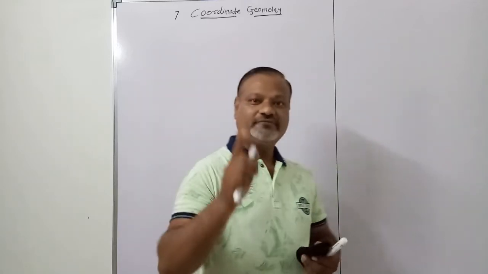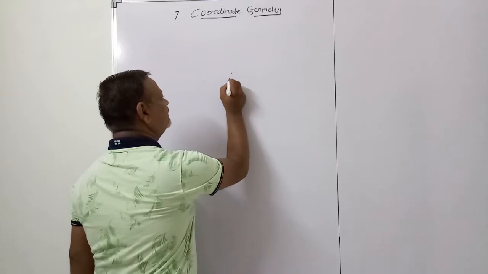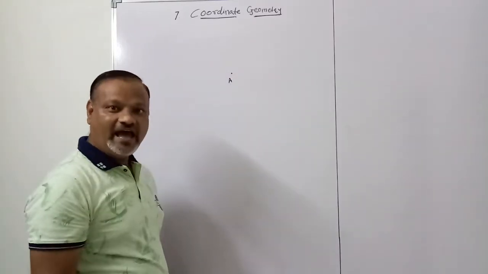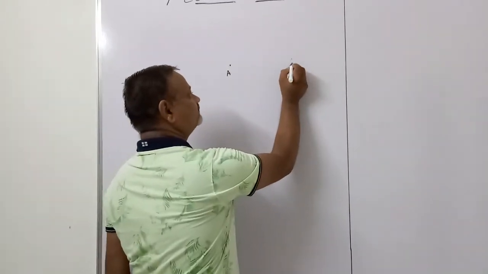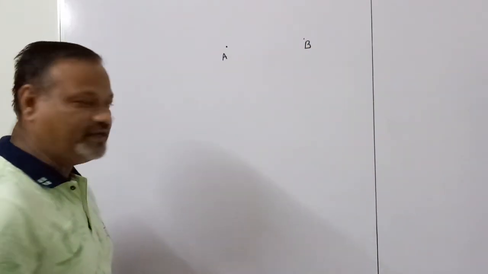Got it? For example, if I consider this is the point A and this is the point B, these are the 2 points.